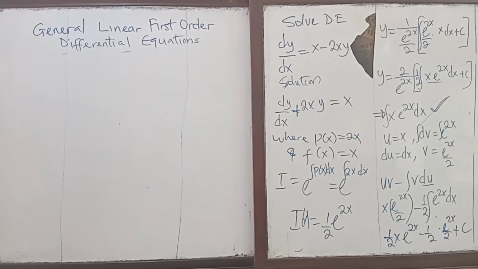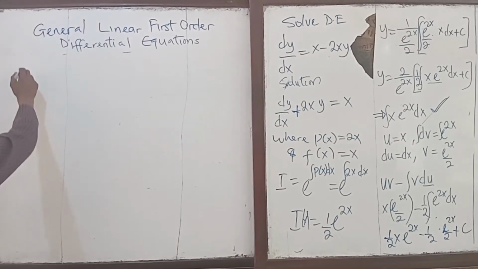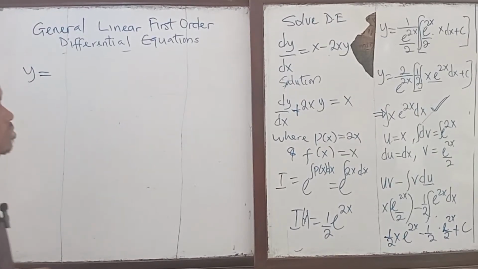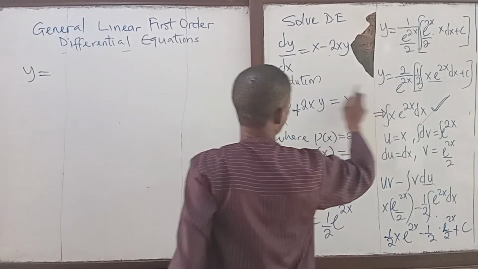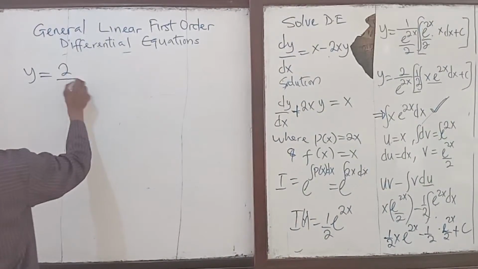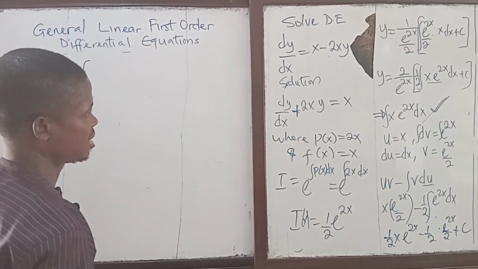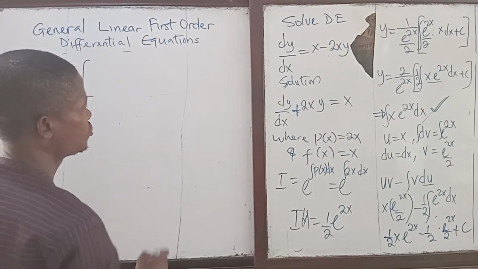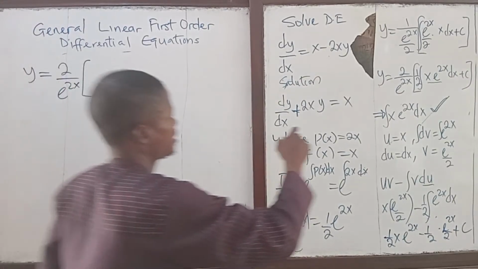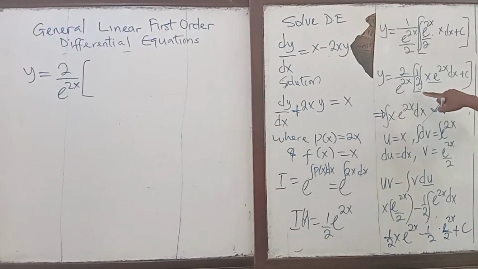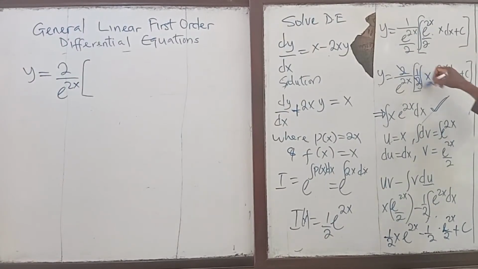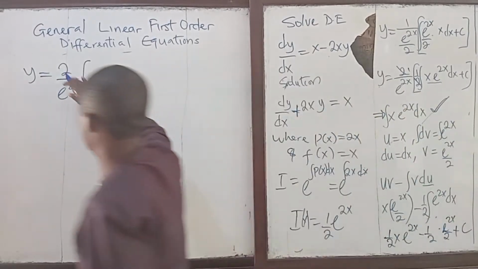Now, I'm going to have y equal to 2 over e to the power 2x, open your brackets. 1 over 2 is outside. This 1 over 2 here, the 2 cancels here, that's 1. So this one is still 1 over 2.